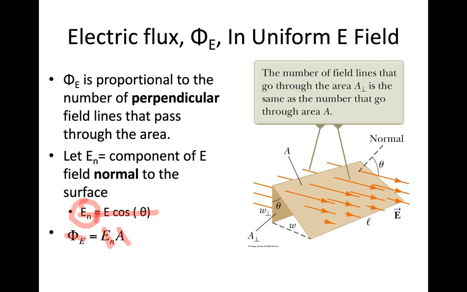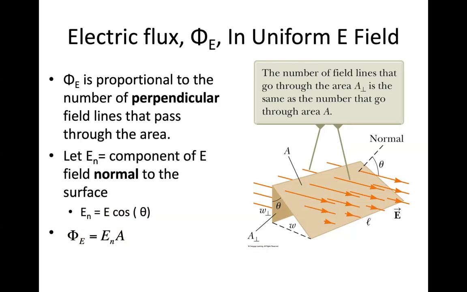So just know that it's sometimes written differently, right? Sometimes it's written as the flux is the perpendicular to the area, the normal to the area. They're all saying the same things.